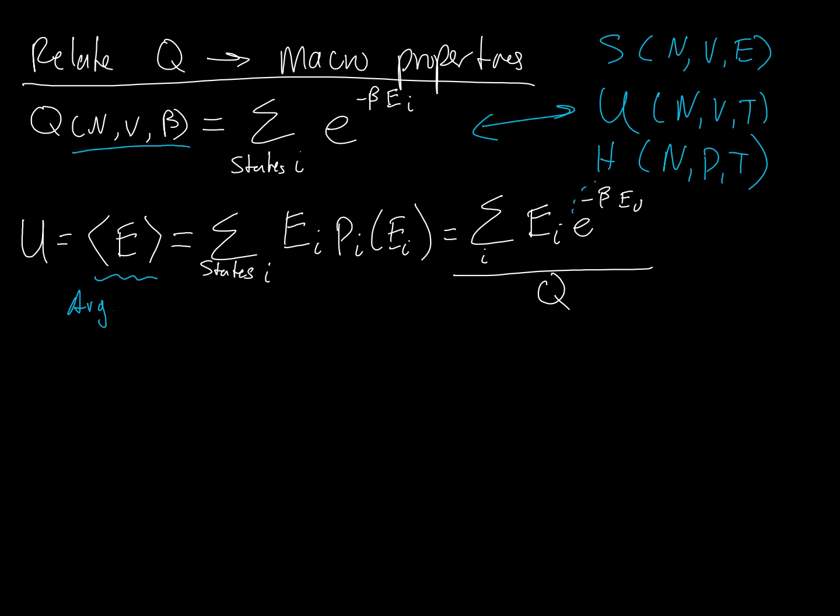So this term here, right, this is the probability of being in state i with energy Ei. So all we're doing is taking a weighted average of all of the different possible system configurations and multiplying by their energy. In the Boltzmann distribution, that is Ei, not... Oh, yeah, this is just my sloppy handwriting here. So this is just a weighted average of the possible energies times their probabilities.